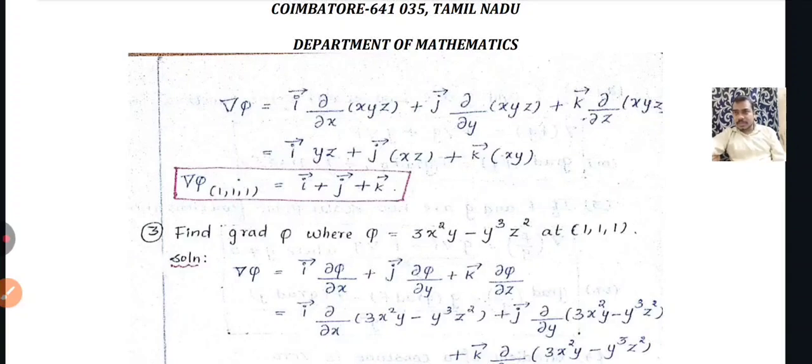The solution of del pi is i into yz plus j into xz plus k into xy. Therefore, del pi at the point 1 comma 1 comma 1, substituting x, y, z as 1 comma 1 comma 1, gives the conclusion i vector plus j vector plus k vector.